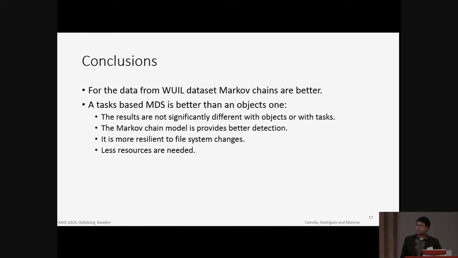I mean, it gives us good benefits, but this has to be taken into account with other masquerade detection systems. It's still an open problem, and it can be used for other abstractions. Also, we think that the tasks are more resilient to change, and fewer resources are needed.